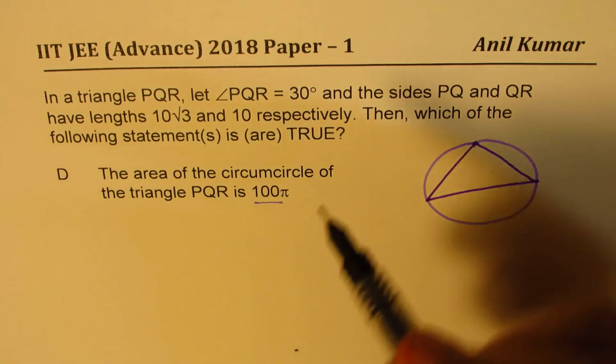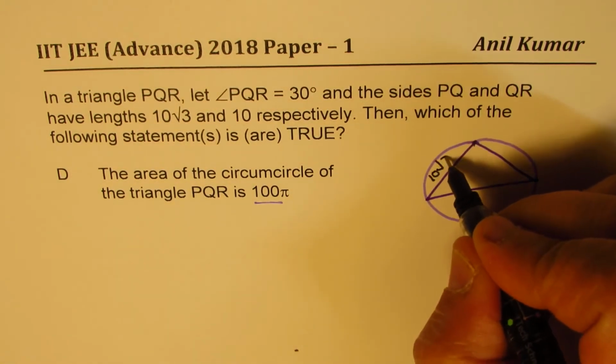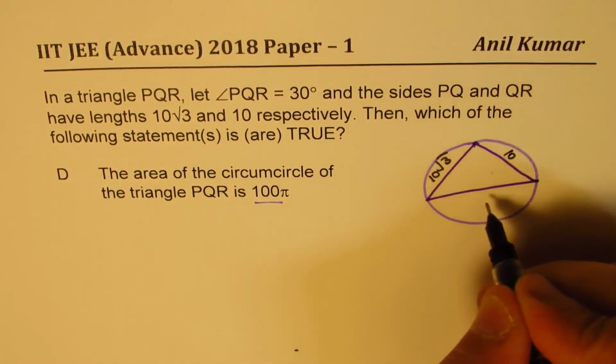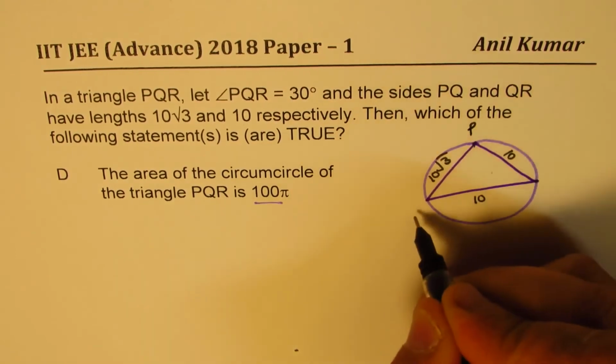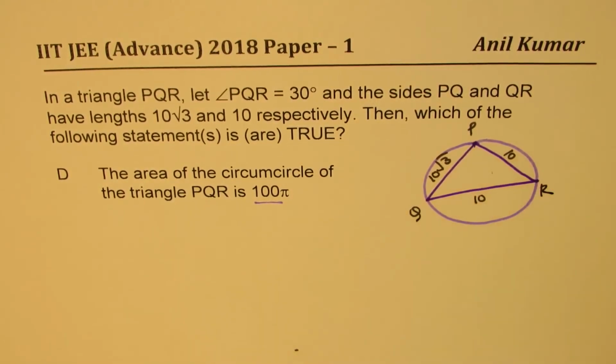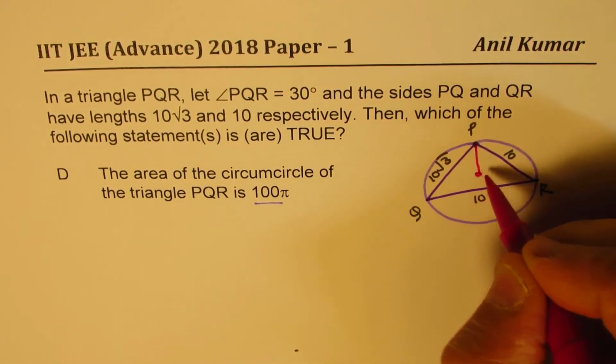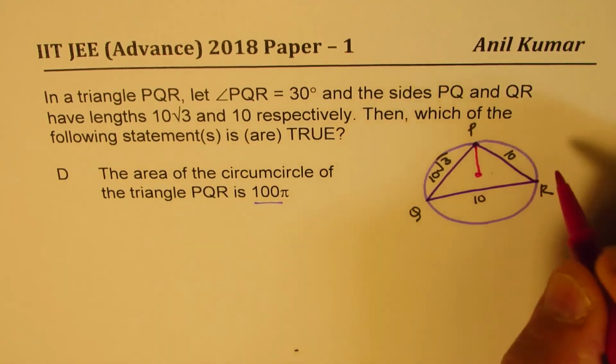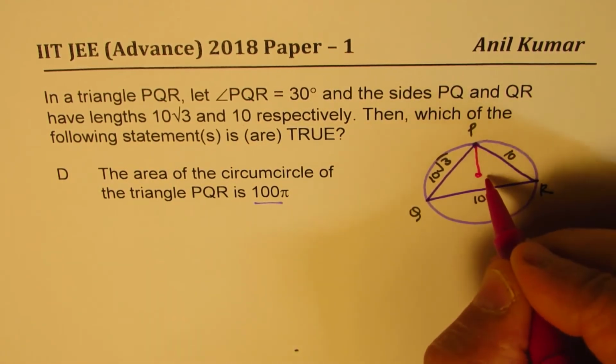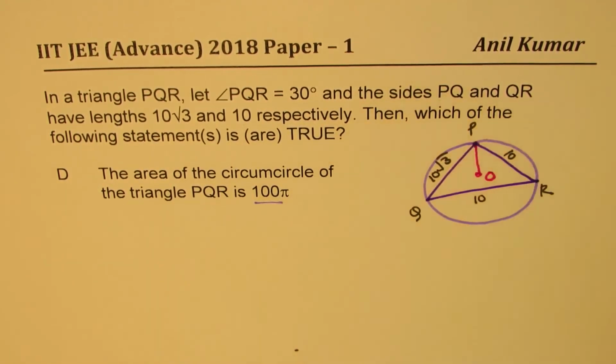So in this triangle, we know the sides are 10 square root 3, 10 and 10. So first thing which we need to find is the radius, right, of the circumcenter. So let's say this is O. So OP, which we need to find, right?